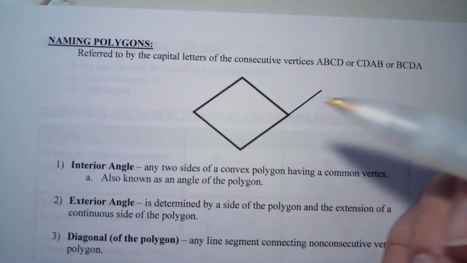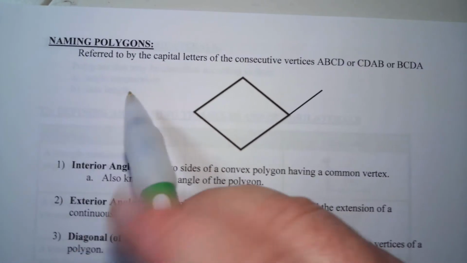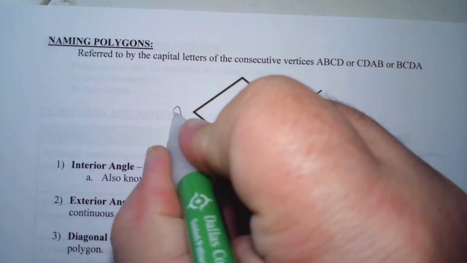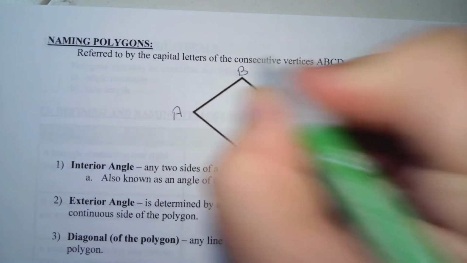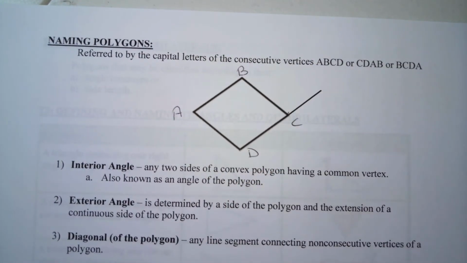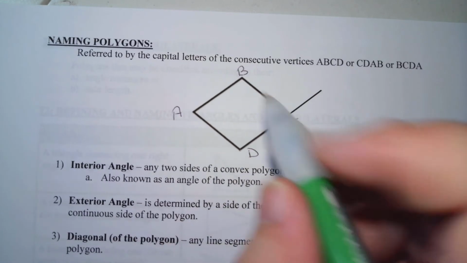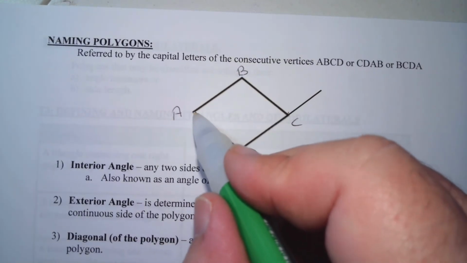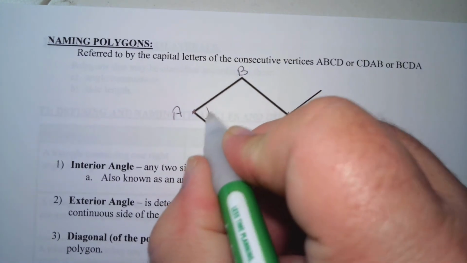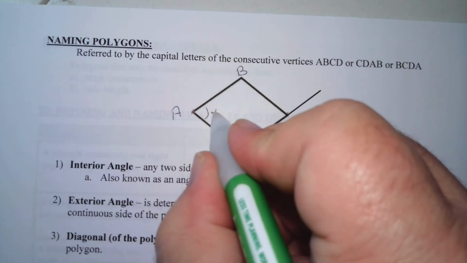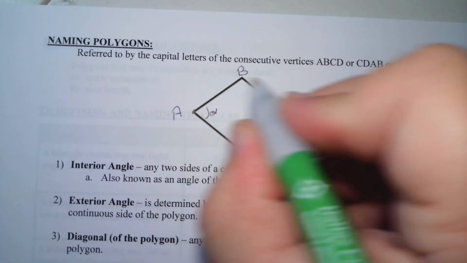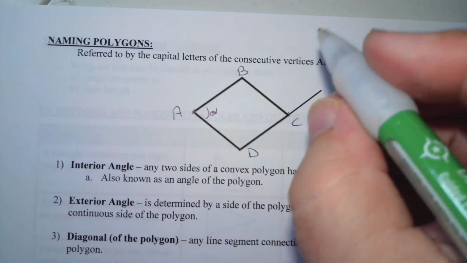Naming polygons. Let's look at this. We refer to the consecutive vertices by capital letters: A, B, C, D. So the vertices are always in capital letters, the angles are in Greek letters, and the sides are usually labeled by lowercase letters.